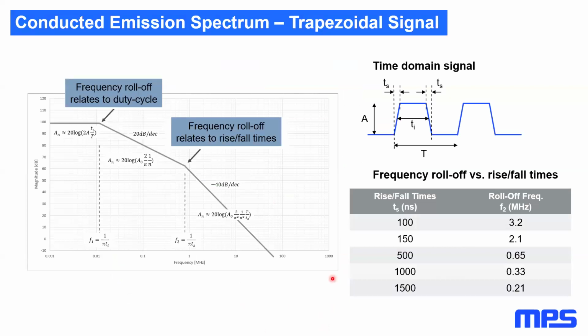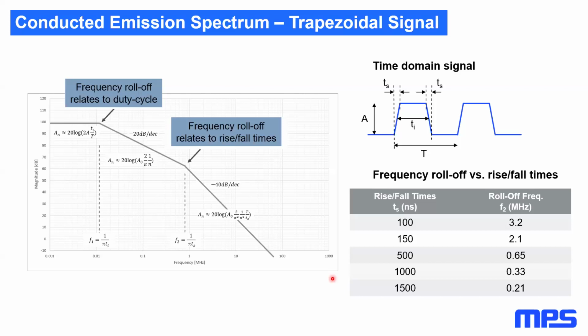EMI noise in the frequency range of 150 kHz to 30 MHz is primarily comprised of the switching frequency and its harmonics. This type of noise can be reduced by using EMI filters.